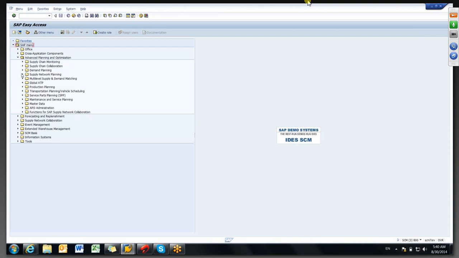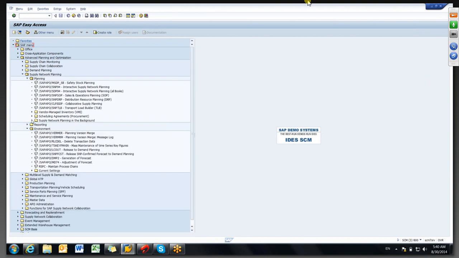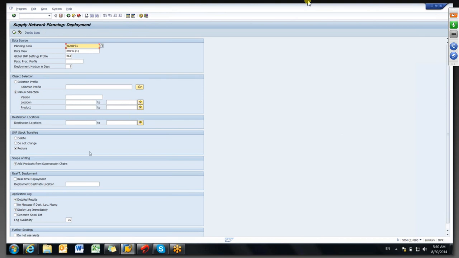When you run the deployment, the settings are the same. You use the same planning book. Here you have the option to confirm only particular ship-to parties. If you don't give it here, it will confirm all the ship-to parties connected to this supplying plant for that particular product. That is what we discussed.